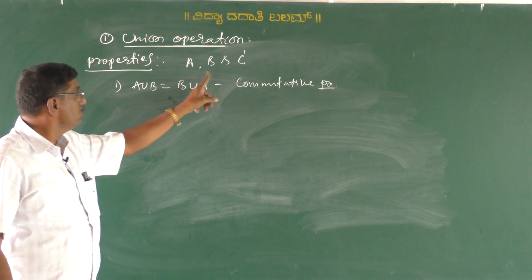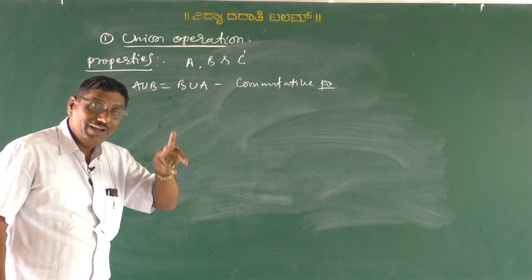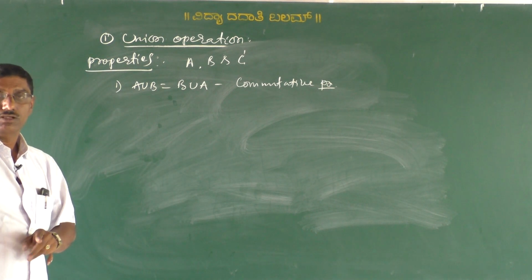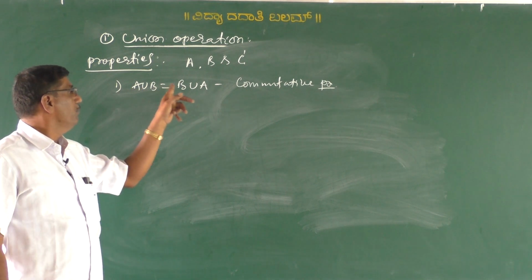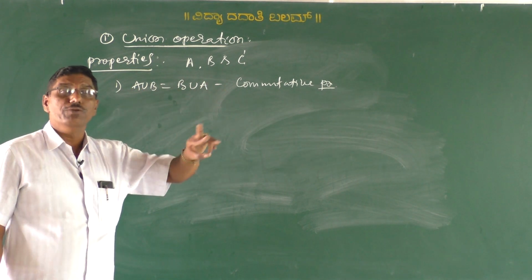For any two sets A and B, we can prove A union B is equal to B union A.